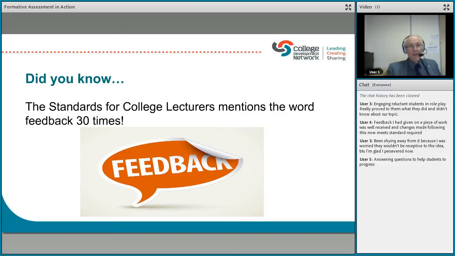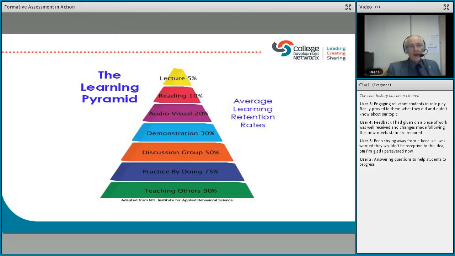Some of you will have seen this pyramid before. It's called the Learning Pyramid, and really I just wanted to include that to re-emphasise, we know the basics, that learning is a collaborative process, it's a social process, and we learn more by doing stuff and having professional conversations, professional discussions around learning.